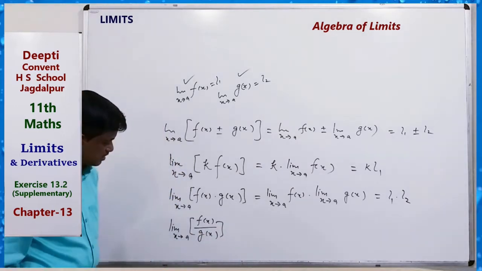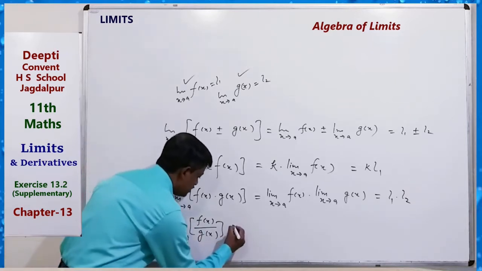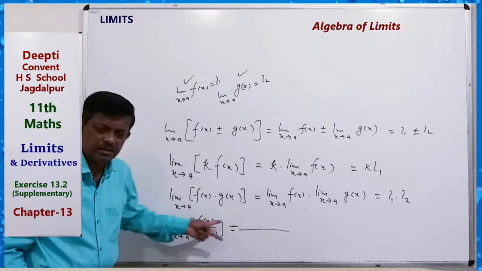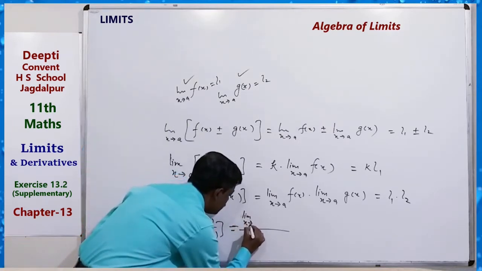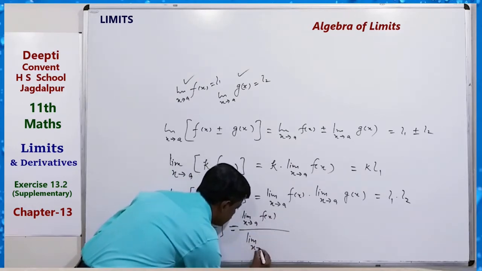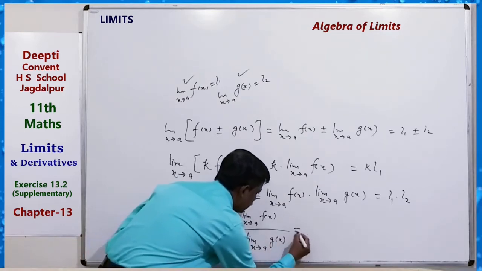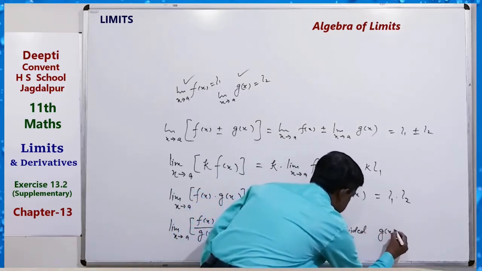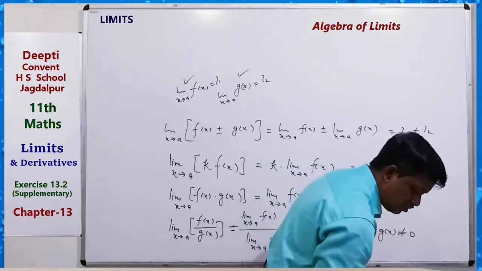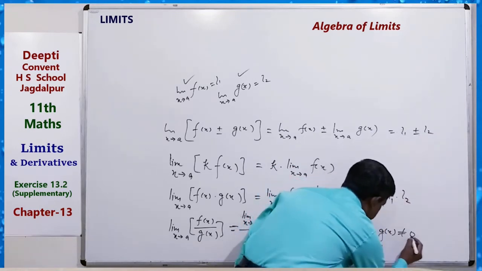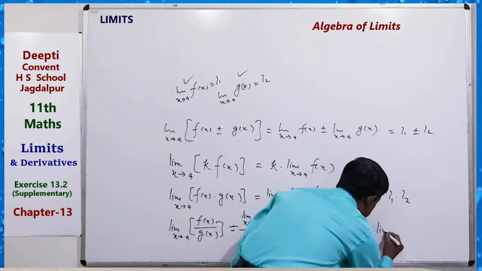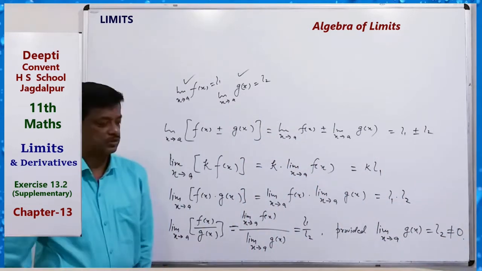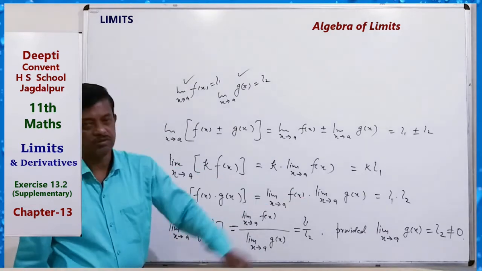Now finally, the limit as x tends to a of f(x) upon g(x). Here g(x) should not equal 0 for the common domain. You can also distribute the limit to the numerator and denominator: the limit as x tends to a of f(x) upon the limit as x tends to a of g(x), that is L1 upon L2, provided g(x) is not equal to 0, that is the limit of g(x) is not equal to 0, L2 is not equal to 0.